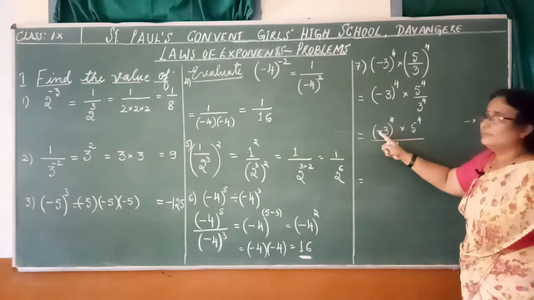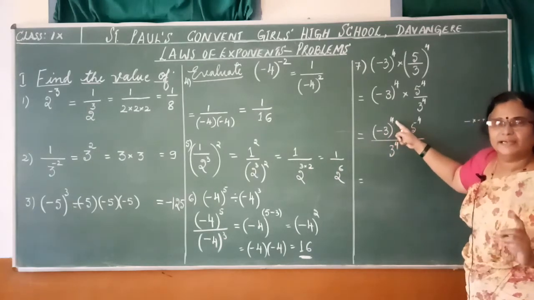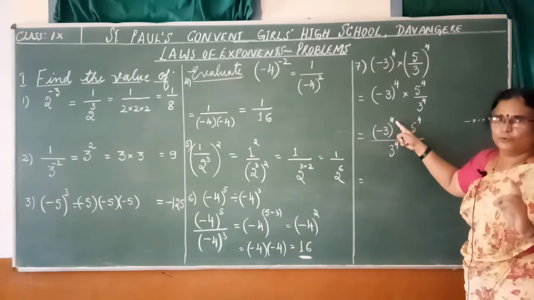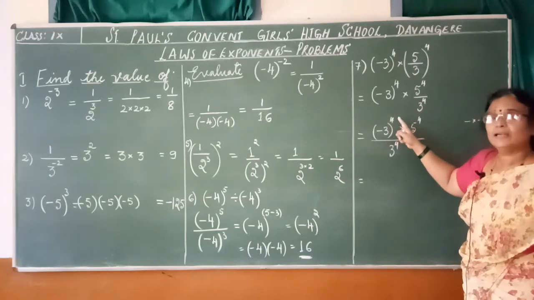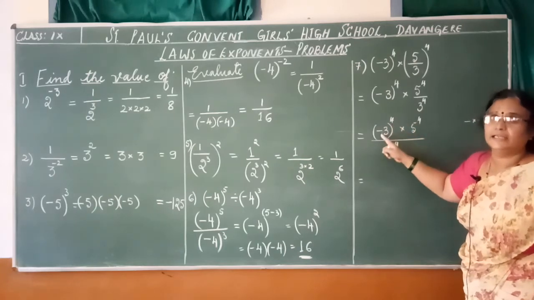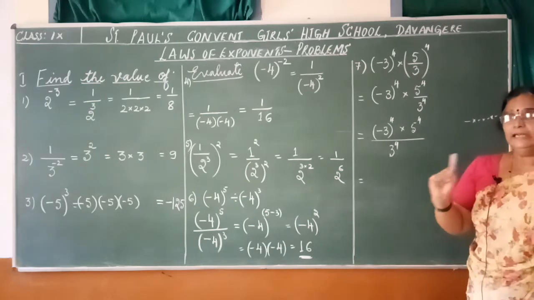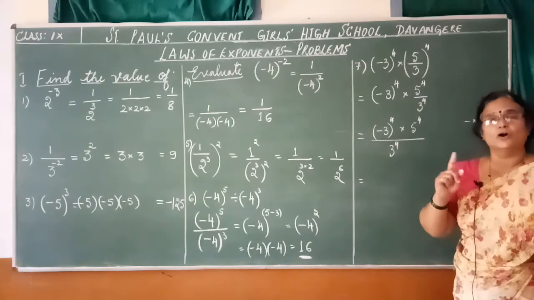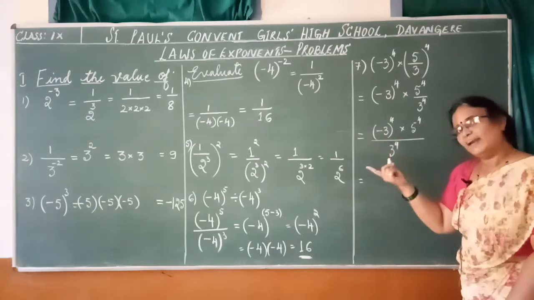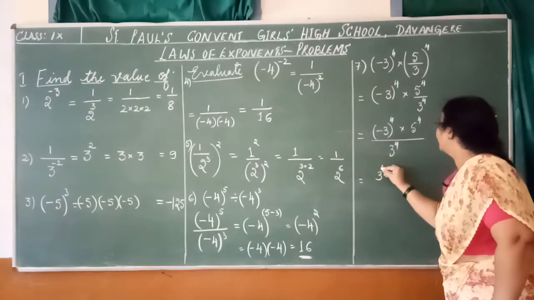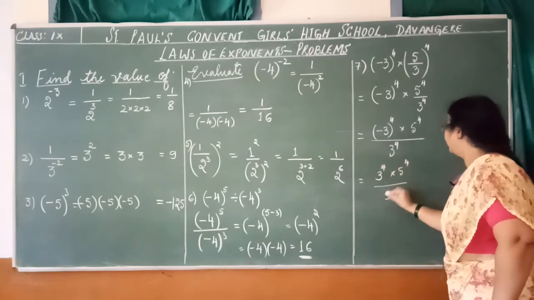See, if you have a negative integer with an even number index as 2, 4, 6, 8, the product is always positive. Even index, positive product. Odd index, negative product. So, minus when it is multiplied 4 times, we will get positive 3 to the power of 4 into 5 to the power of 4 by 3 to the power of 4.